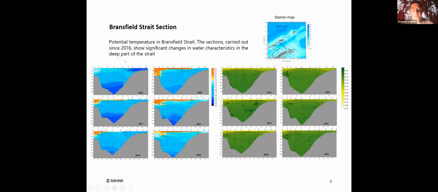For the Bransfield Strait sections, we collected a lot of data from 2016 to 2022. You see the positions of these sections.